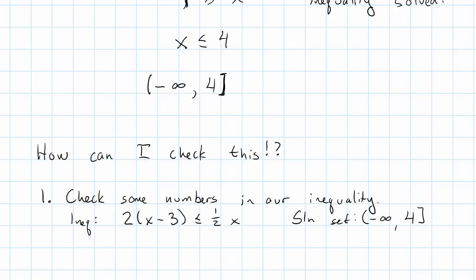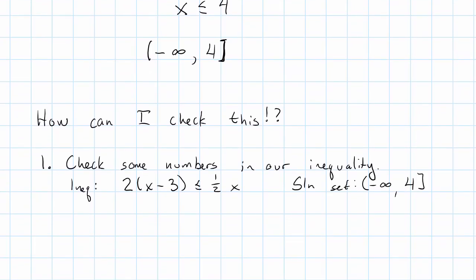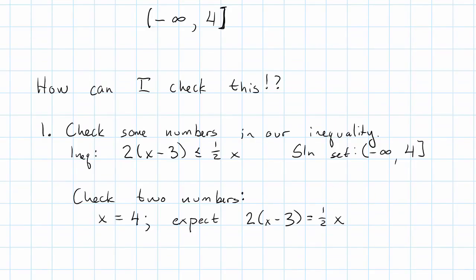And we claimed that our solution set was negative infinity up to 4. We're going to check two numbers. We're going to check x equals 4, that's the end point. And when we do that, we expect the two sides of our inequality to come out equal. If not, we have the wrong number.